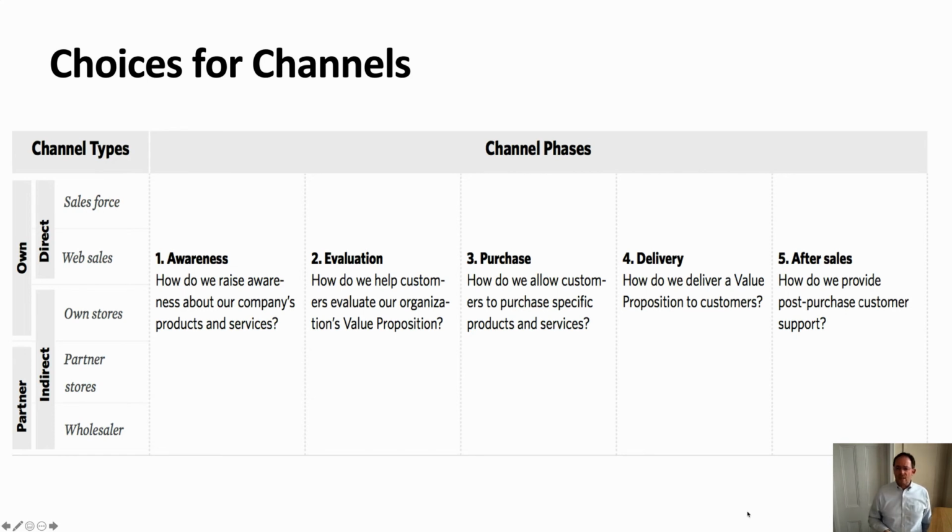So deliver a value proposition to customers. This does relate to, for instance, physical products, storage and distribution. How are you going to deliver that? If it's an online product, a service that they can subscribe to, are you delivering it via video? Do they download a PDF? You need to consider all of those elements in terms of your choices for channels.